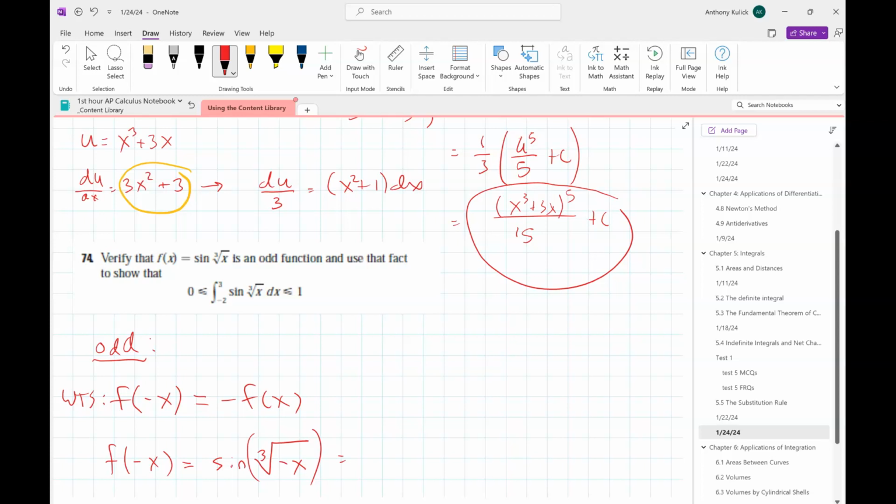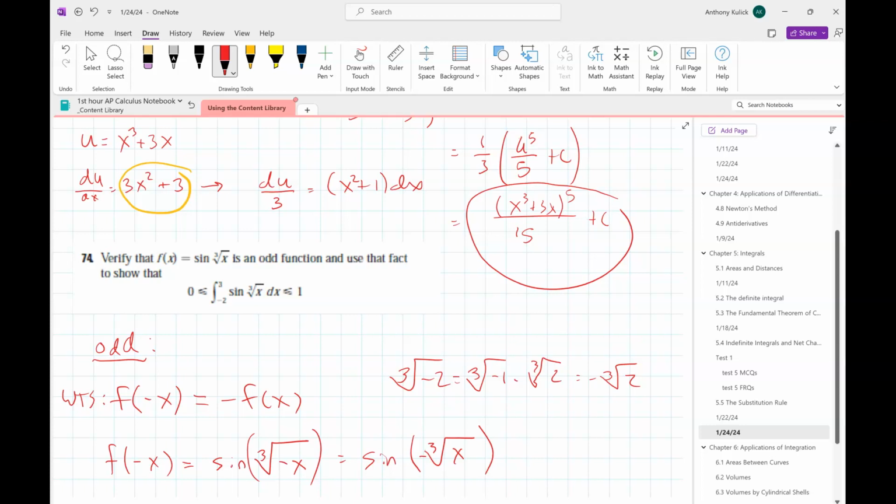Or if I take the cube root of negative 2, that should be negative of the cube root of 2, because I can do that, right?